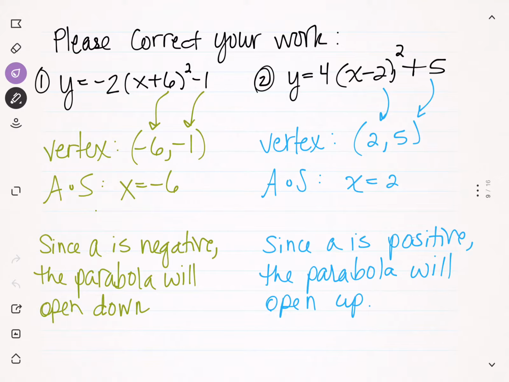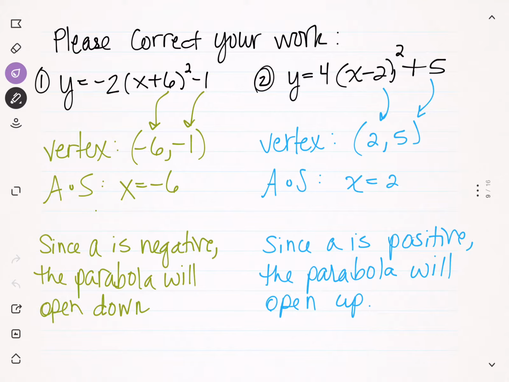You always take the same sign for the outside number. The axis of symmetry is going to go through the x value of the vertex, so x equals negative 6. And since a is negative 2 in this problem, a negative number means we're going to open down.